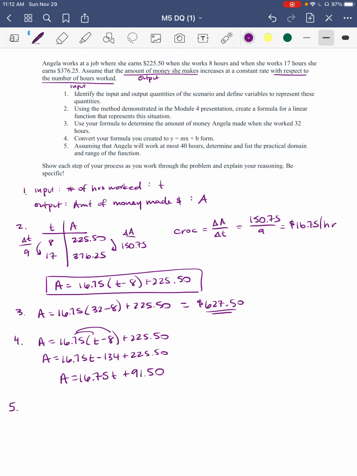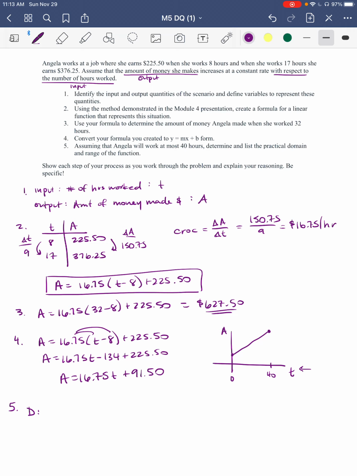So essentially what we have is a function. If I were to graph it, which you guys are getting into, I guess that was module 6, essentially we're going to have some formula that looks like this. So this is T, this is the amount of money. So we know she's going to work at most 40 hours. Remember that domain is getting at potential inputs of my function, and inputs are my horizontal axis. The least amount of hours she can work is 0, and the most amount of hours she can work is 40.